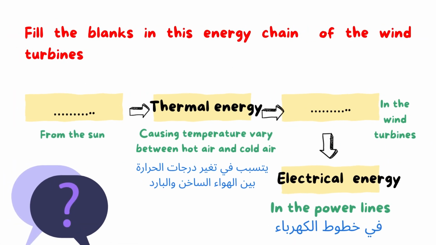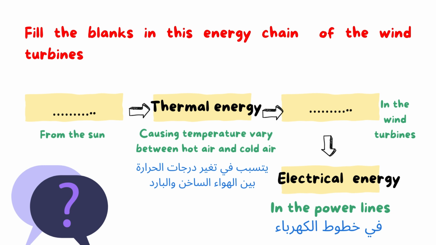So here we can answer this question, filling in the blank in this energy chain of the wind turbines. We have energy that comes from the sun, converted into thermal energy, which causes the temperature to vary between hot air and cold air. And you know, this difference in temperature between the hot air and cold air causes what?